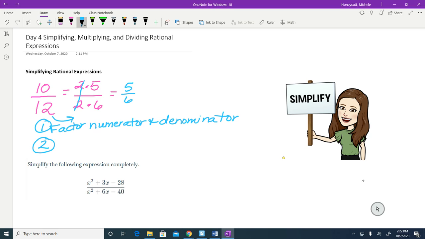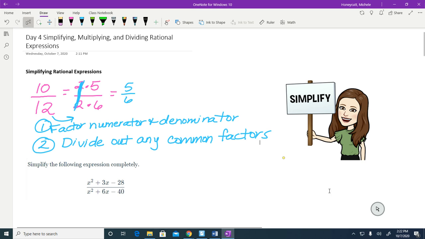Step 2, when I divided these two out, that's called dividing out common factors. So we will divide out any common factors.